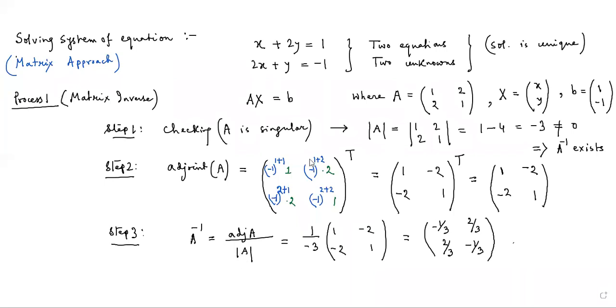Now, once we find this, we consider this equation once again, and we know the inverse of the matrix exists. So what we do is the following.